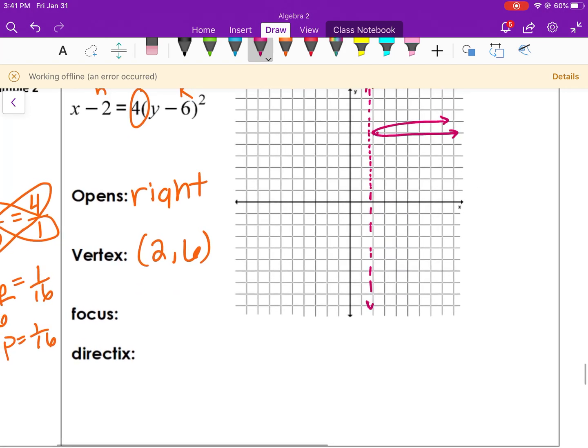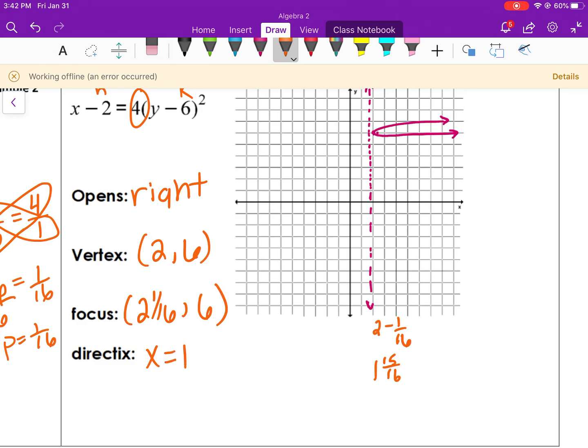So for the ordered pair for the focus, I was at 2, 6, and I moved to the right, so I changed the x coordinate. So really it's 2 and 1/16, 6. And then for the directrix, I was at 2, and I went back a 16th. So the directrix is at 1 and 15/16, and it's a vertical line, so it's x equals 1 and 15/16.